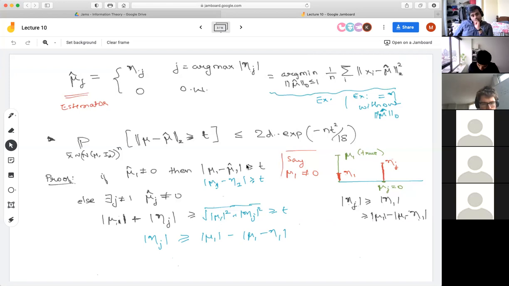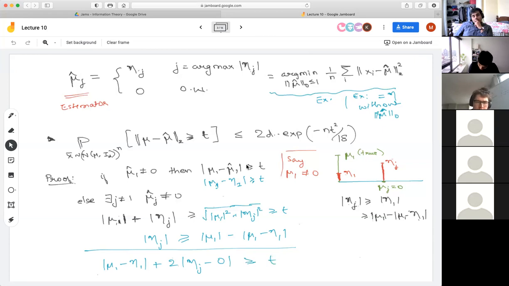Now, if I just add these two inequalities, I get that mu1 minus eta 1 plus 2 times eta j minus 0 is greater than or equal to t.